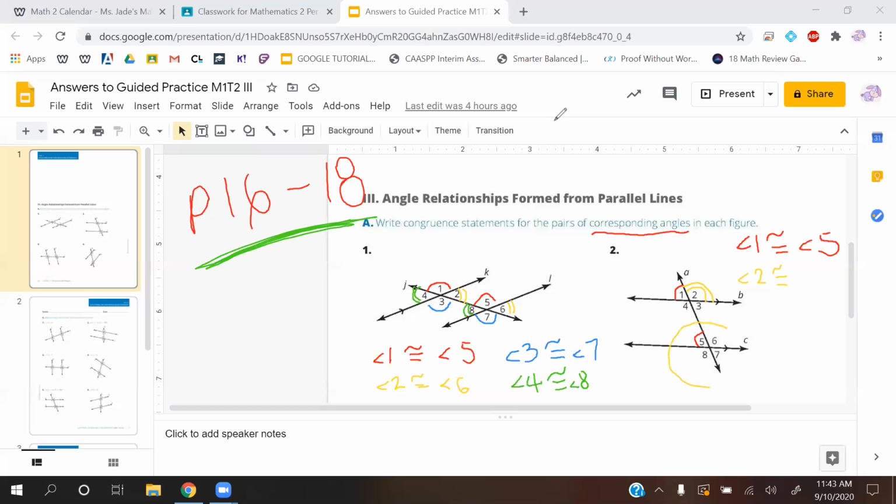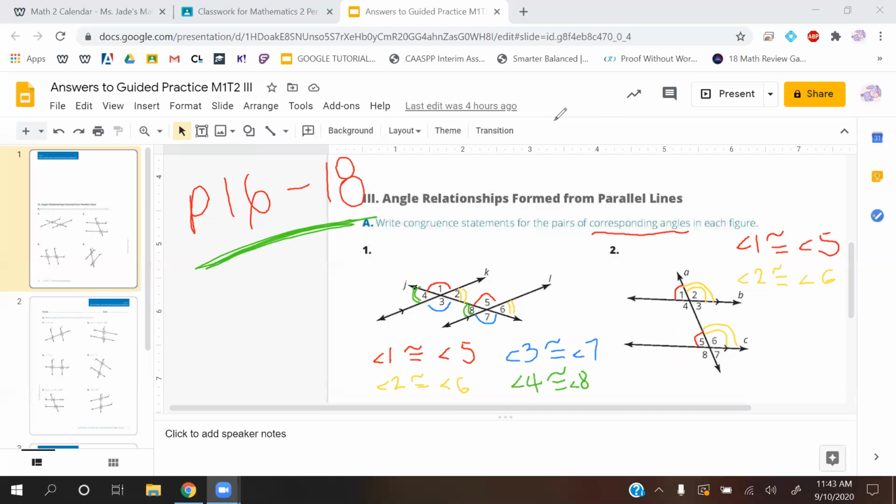And so you have to choose between 5, 6, 7, 8. Which one looks like it's in the same spot as angle 2? Six? Yeah, 6. Good. So 6 and 2 are corresponding angles. Good job. And so they are congruent.